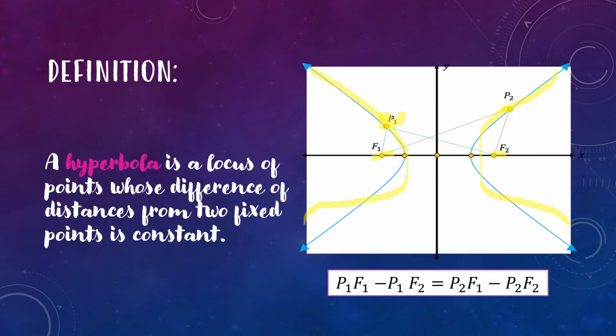In this example, the distance from P sub 1 to F sub 1 minus the distance from P sub 1 to F sub 2 is equal to the distance from P sub 2 to F sub 1 minus P sub 2 to F sub 2. Constant siya. Equal na siya tanan. Okay?